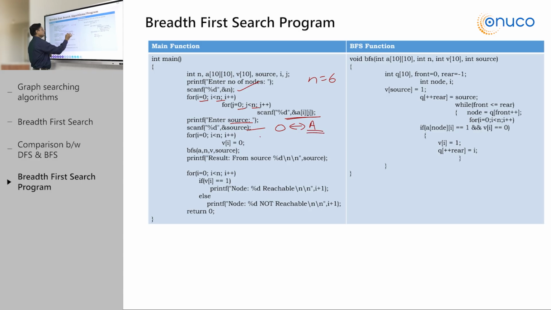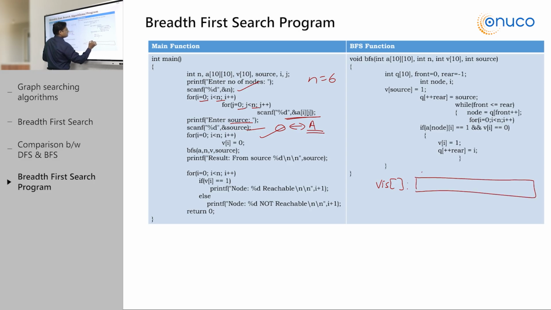For A we have given source as 0, and initially visited of all is 0. So here we have the visited array. Initially we are just making visited of 0 is 0, 1 is 0, 2 is 0, 3 is 0, 4 is 0, 5 is 0.